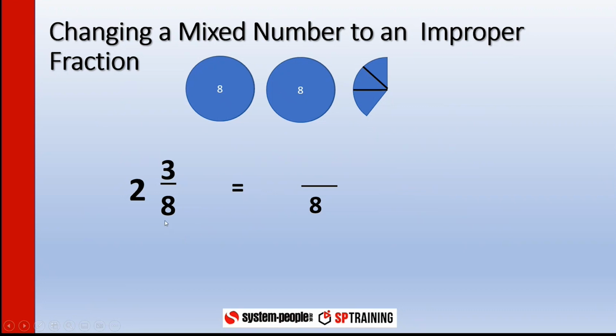So we're going to first of all multiply our denominator by the whole number. We'll go 2 times 8. If we look at this diagram at the top here, we've got 2 lots of 8 in these 2 pies at the top. And then what we do is we add the numerator.